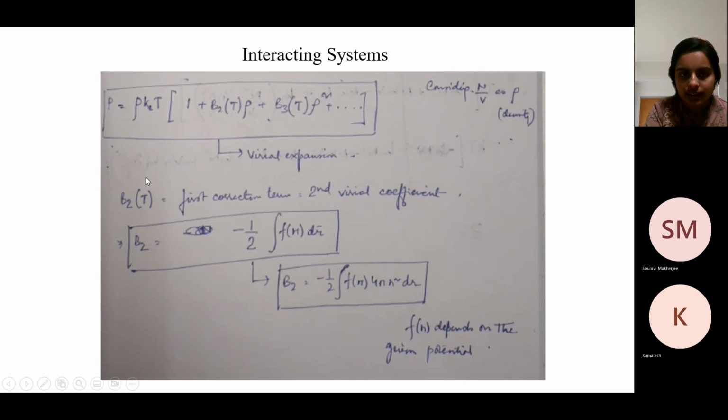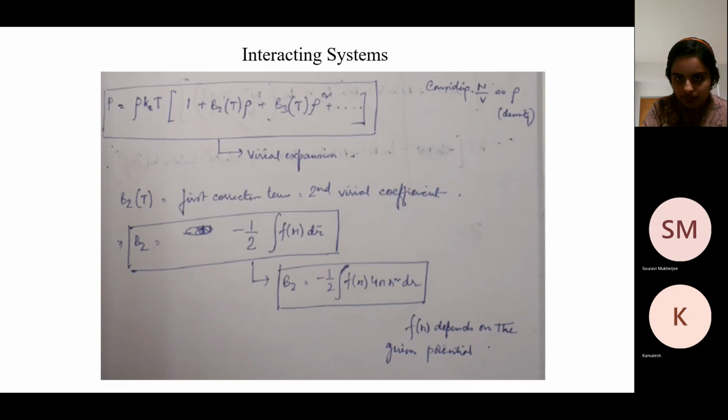The second virial coefficient gives us the first term that comes due to the interaction, and that is given by minus half integral f of r dr. So for a given potential, we can just substitute the expression here and do the integration, and that would give you the second virial coefficient.